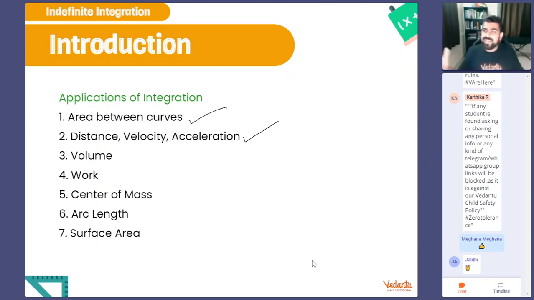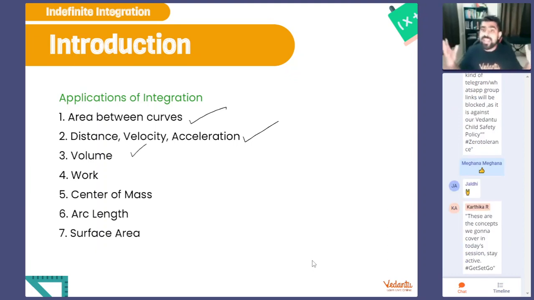Distance, velocity and acceleration. I need not say anything about this because you guys know it. You studied it in 11th standard, na? All your physics, motion in 1D, 2D, parabola, all those things. There you applied integration basically. You learned your basic calculus and you are trying to use it, isn't it? Then volume of objects, again to find capacity, when you have an irregular object. See, you guys know volume of cube, volume of cuboid, very easy.